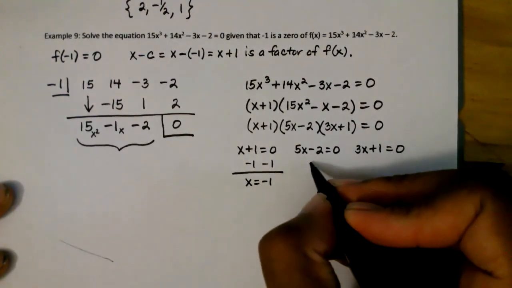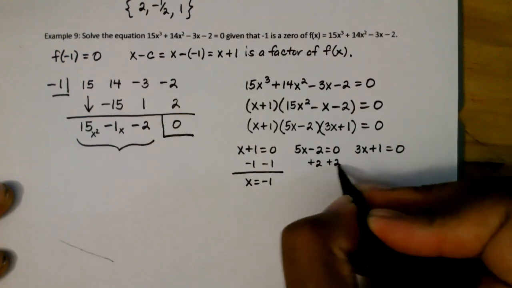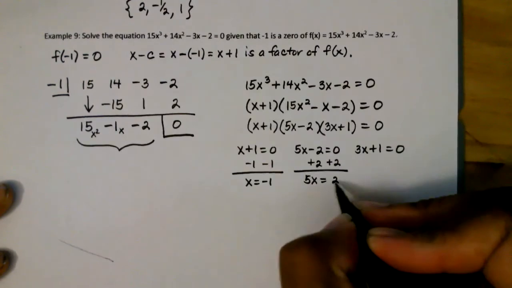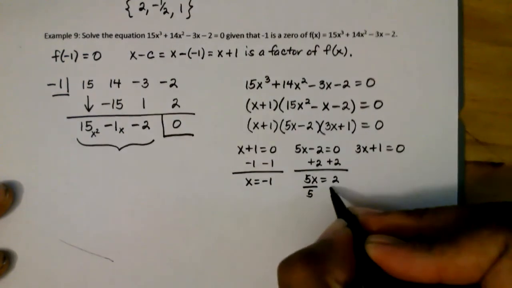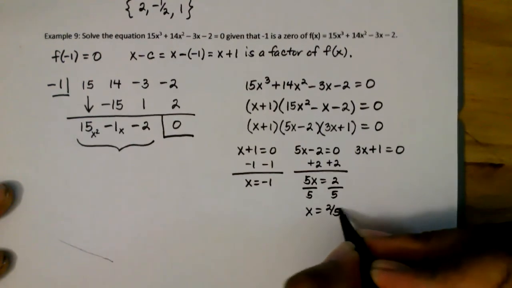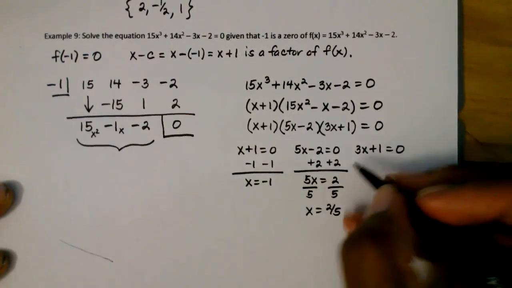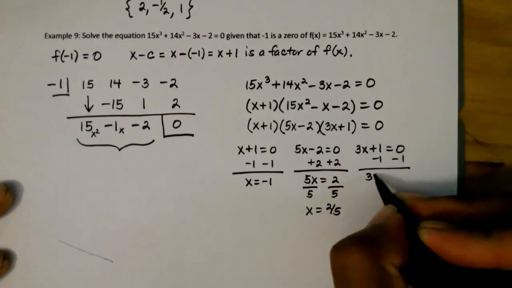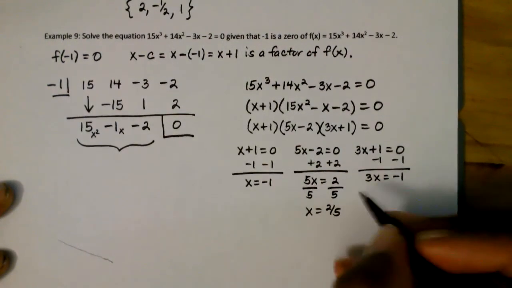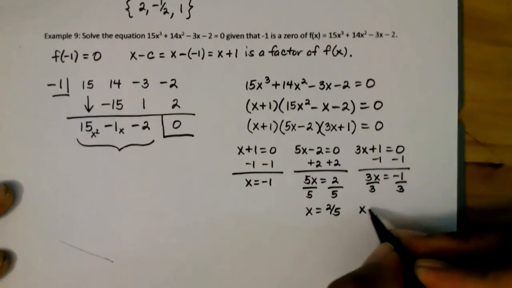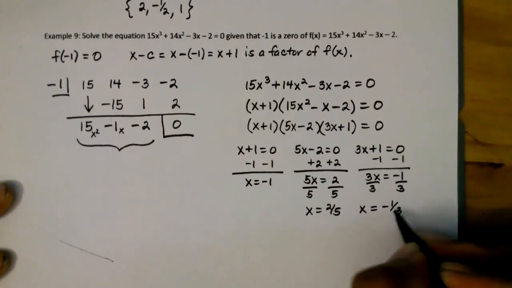For 5x minus 2 equal to 0, if I add 2, you're going to get 5x is equal to 2. Divide by 5. That means x is equal to 2/5. And then for 3x plus 1 equal to 0, we subtract 1, you'll get 3x is equal to -1. Divide both sides by 3. x is equal to -1/3.